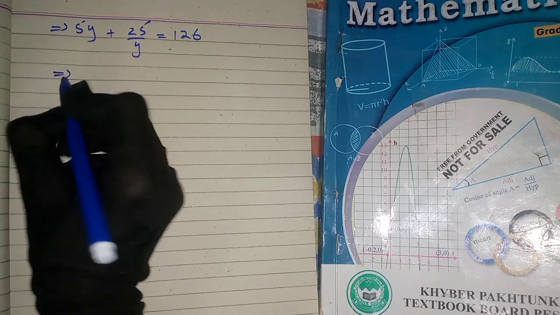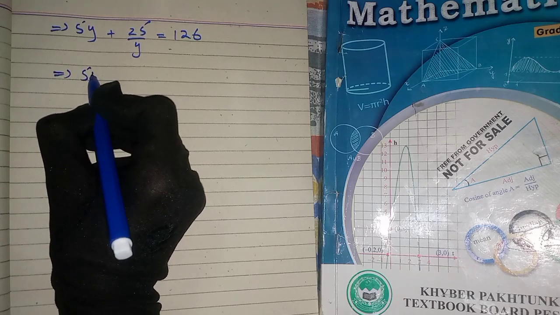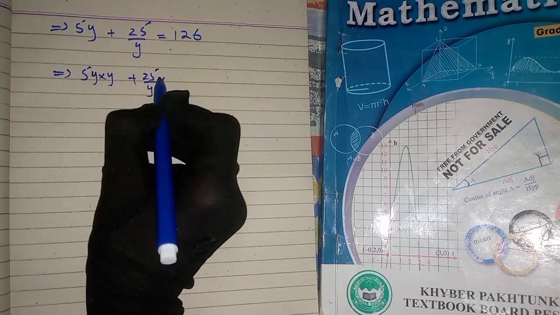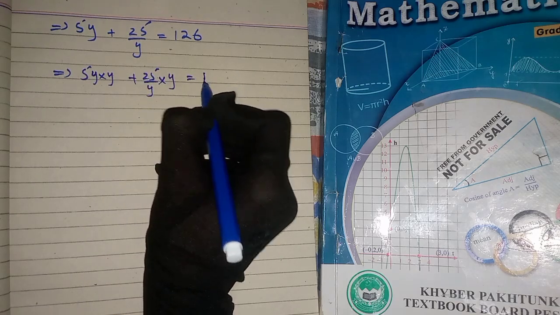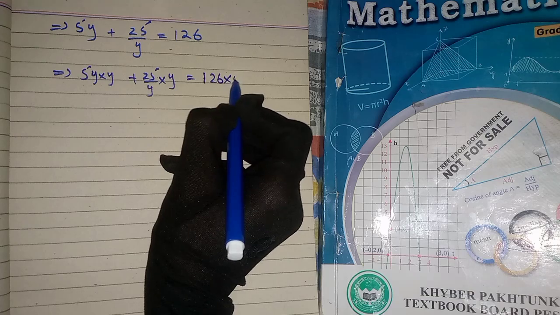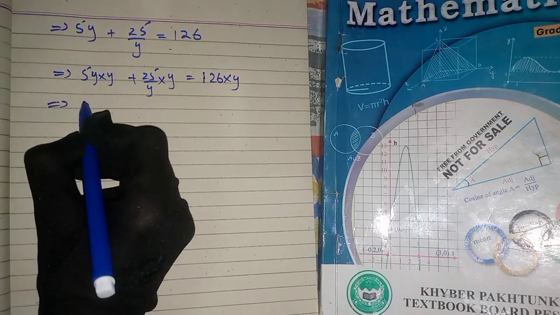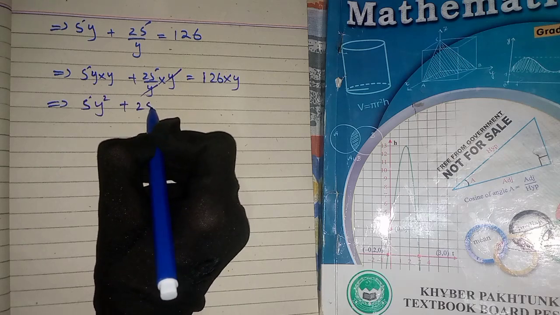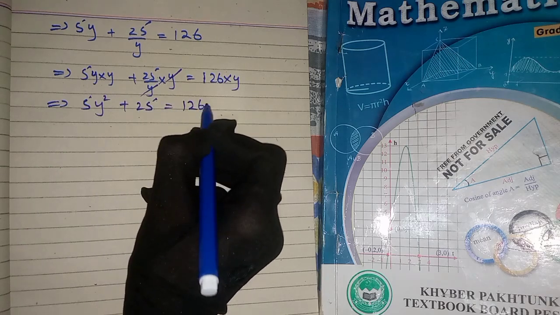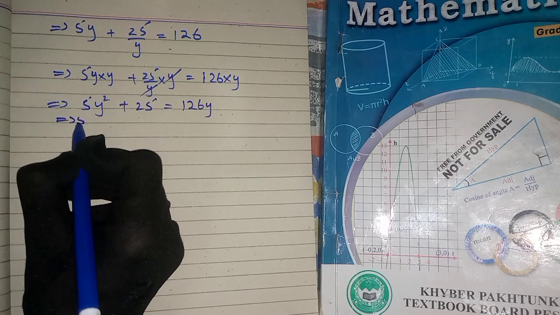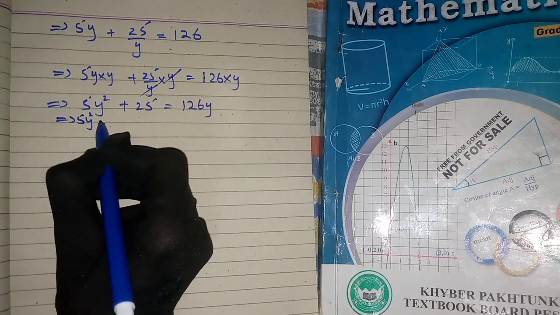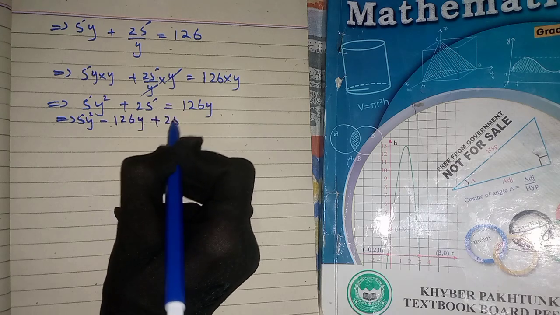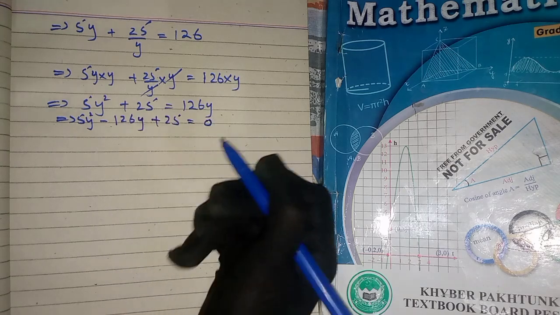This implies that 5y multiplied by y plus 25 by y multiplied by y equal to 126 multiplied by y. 5y square plus 25, y cancels with y, equal to 126y. This implies that 5y square minus 126y plus 25 equal to 0.